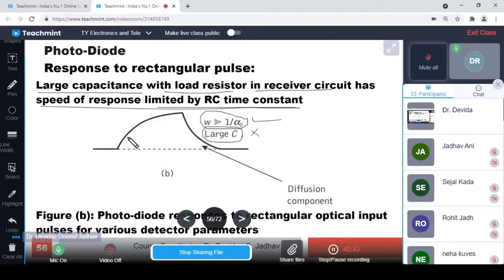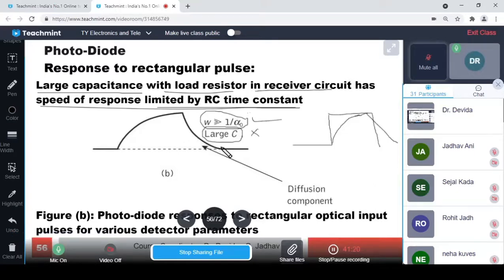Because of the large C, it shapes this wave like this, a slow charging waveform. It converts the rectangular input into a slow charging edge and a slow discharging edge, because a large capacitor will charge and discharge at a slower rate.